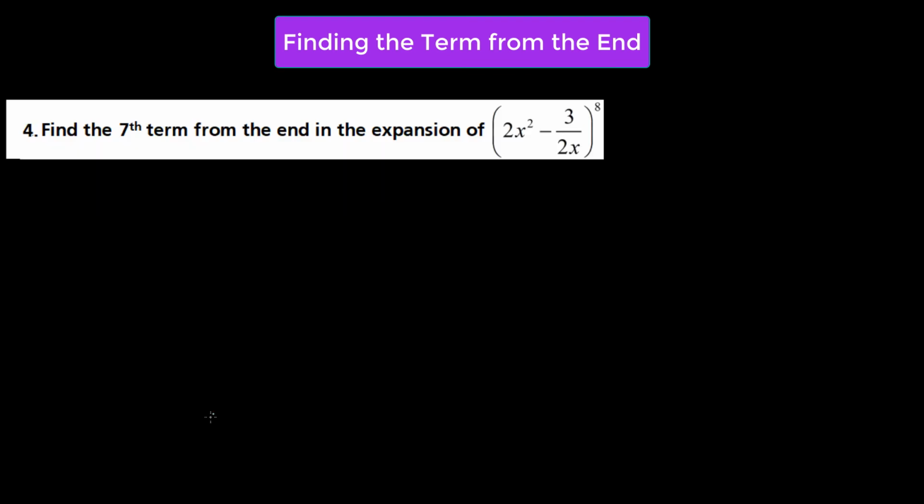So here we have to find out the seventh term from the end in the expansion of the given binomial expression. So let's find out the number of terms first.